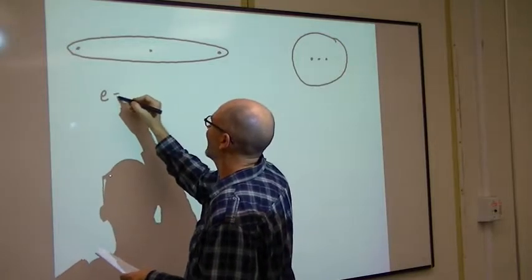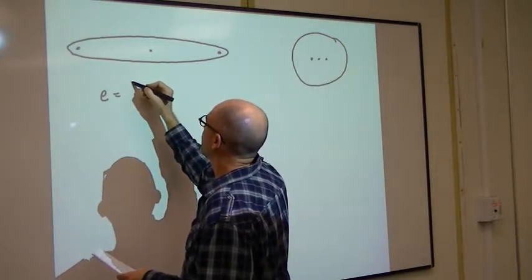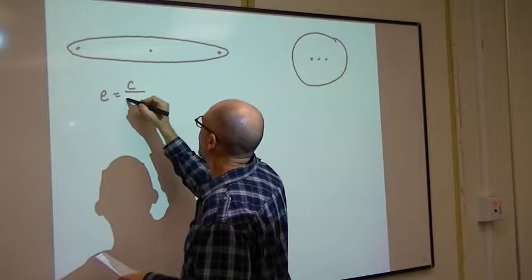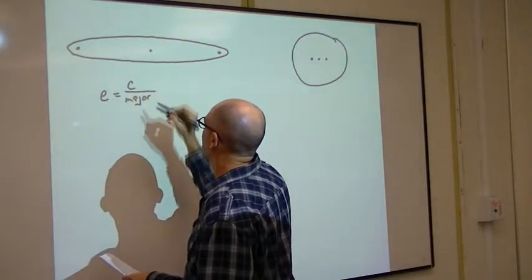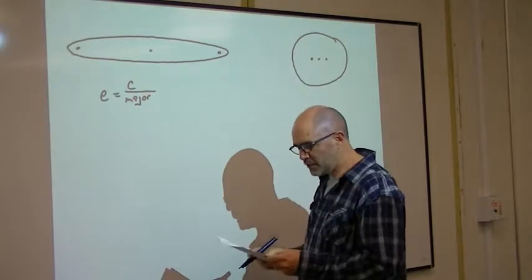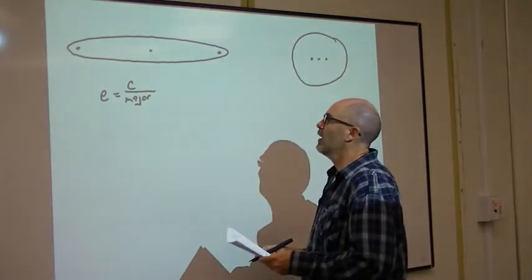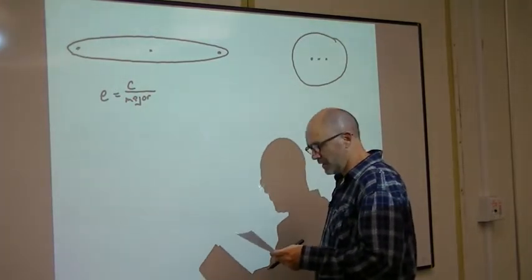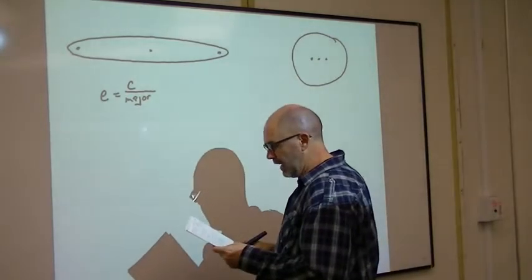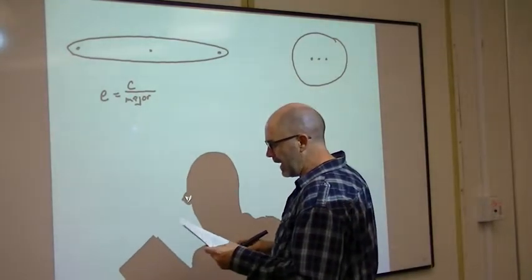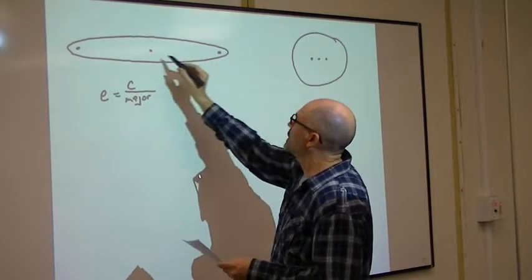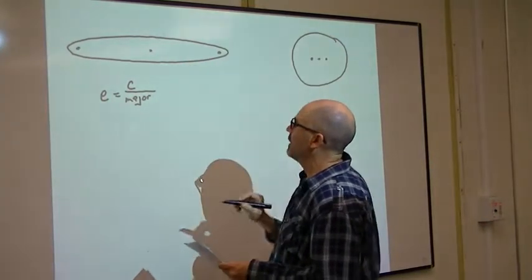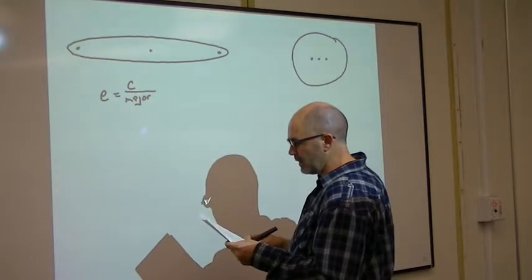Eccentricity equals c over the major axis. Eccentricity is c over the major axis. And now, notice c is always smaller than the major axis.